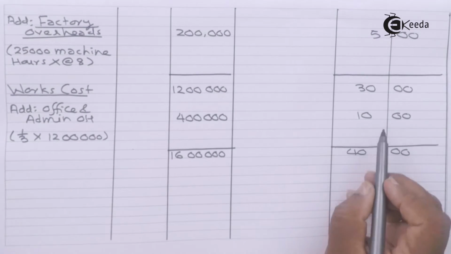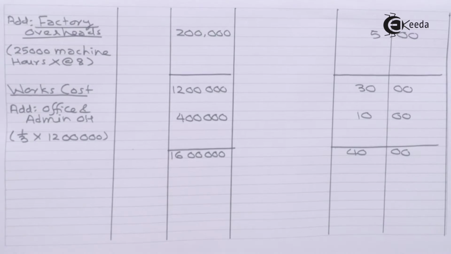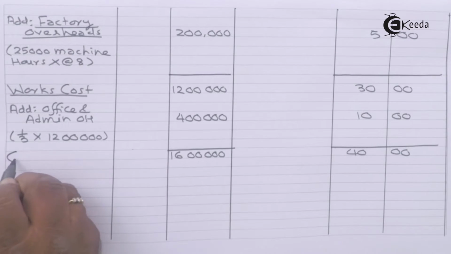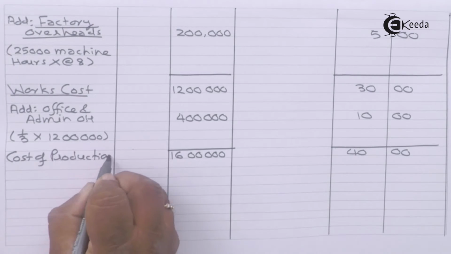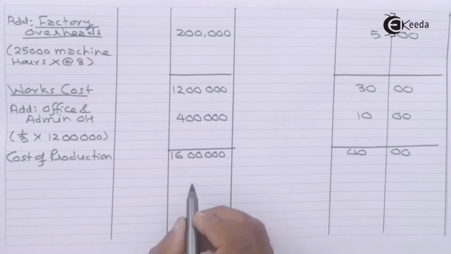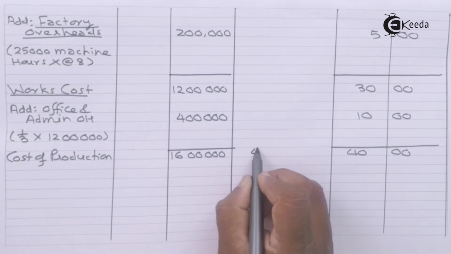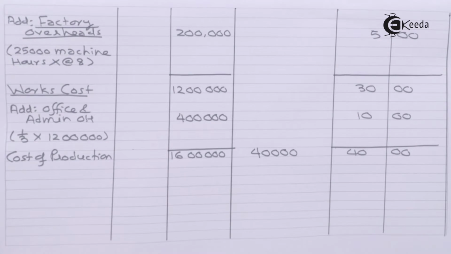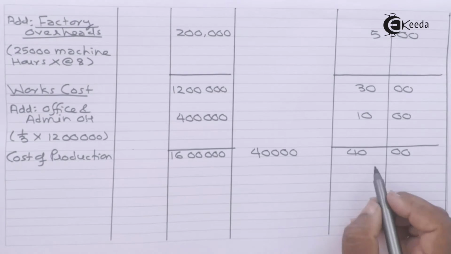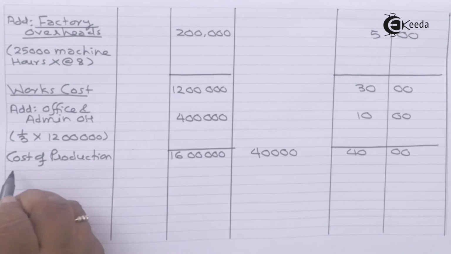Per unit it will be 10 rupees. We will be adding office overheads to works cost to arrive at cost of production. So cost of production is 16 lakhs to produce 40,000 units. Current cost of production per unit is rupees 40.